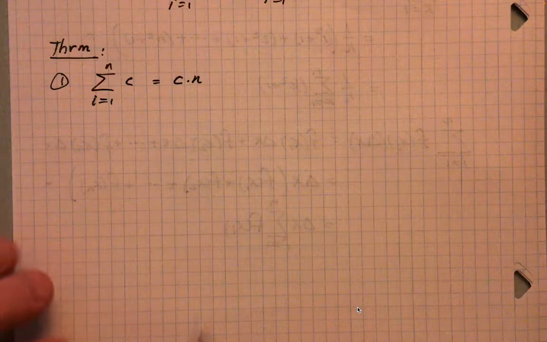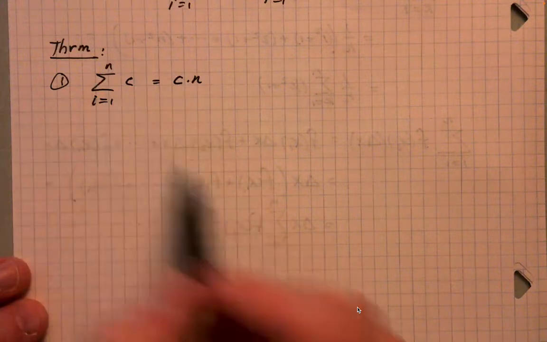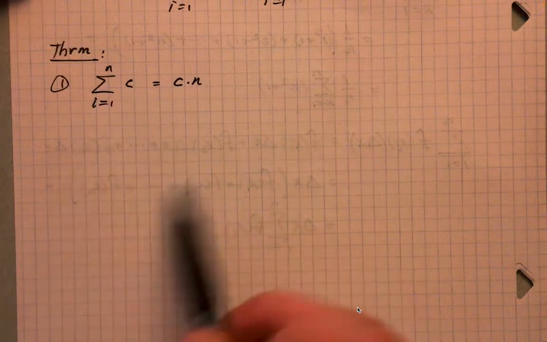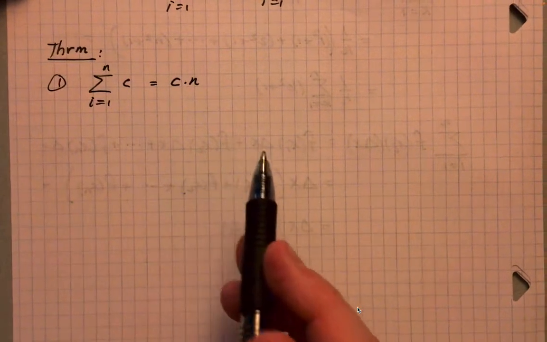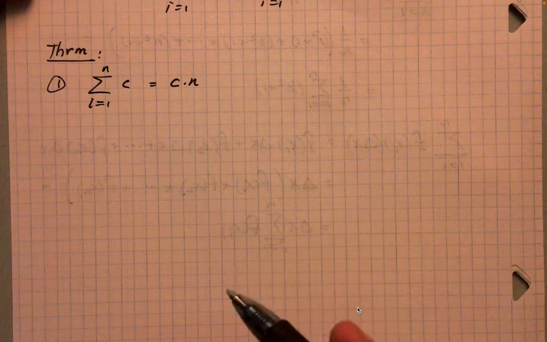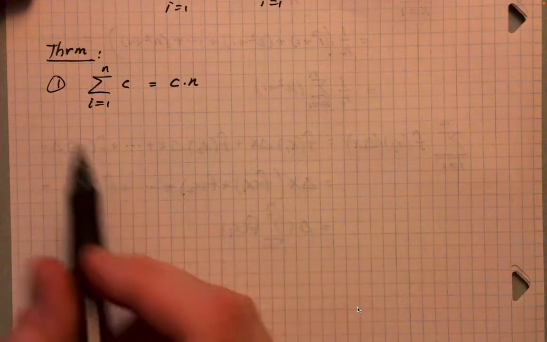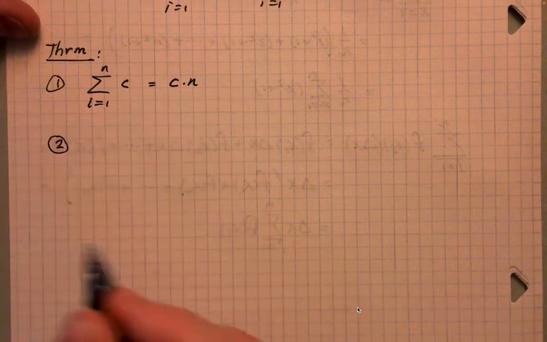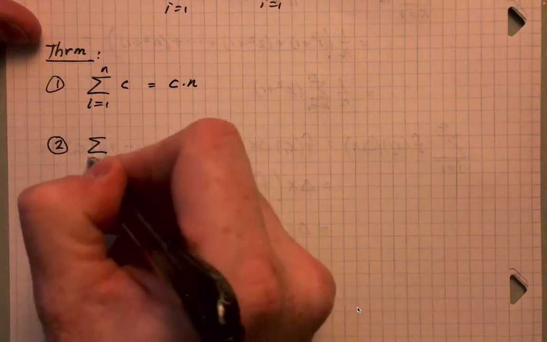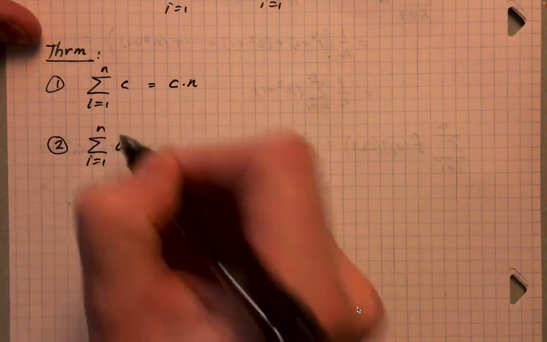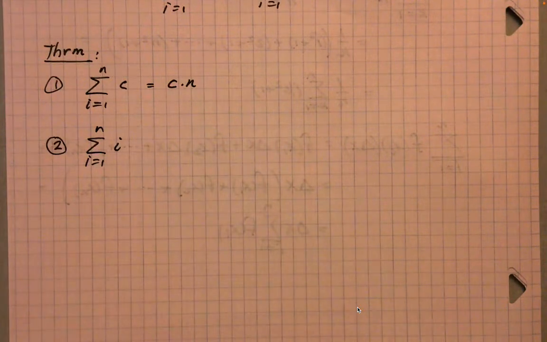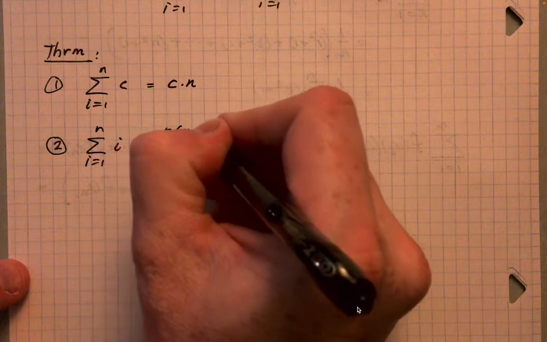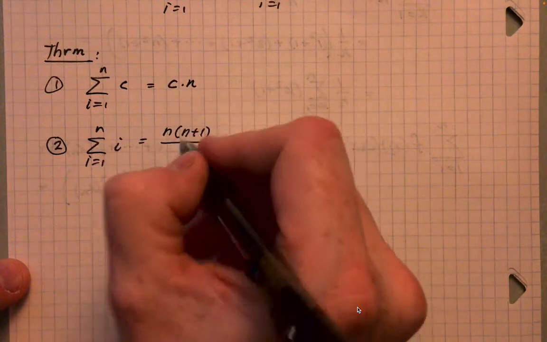Okay, so really straightforward, that one. I think any of you could prove this one. It's just a matter of expanding the sum and grouping things, doing a factorization, basically. Then the next one would be this guy, i equals 1 to n of just i. And now this one turns out to be n times n plus 1 over 2.